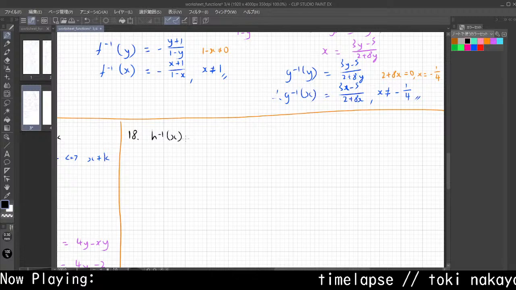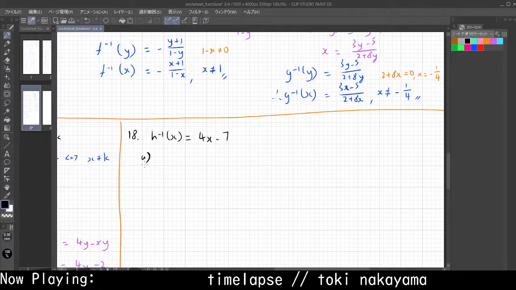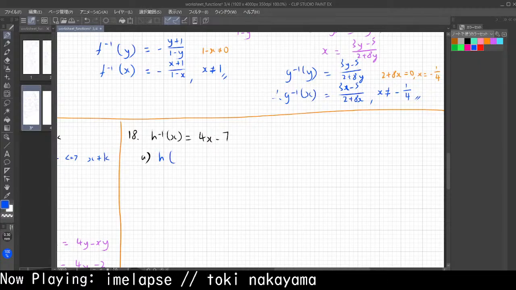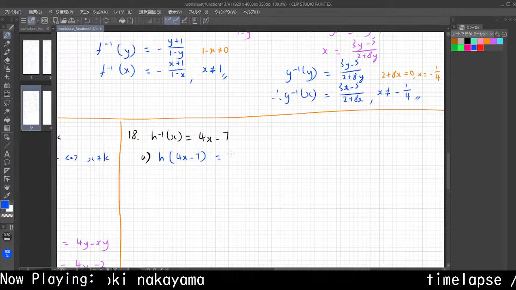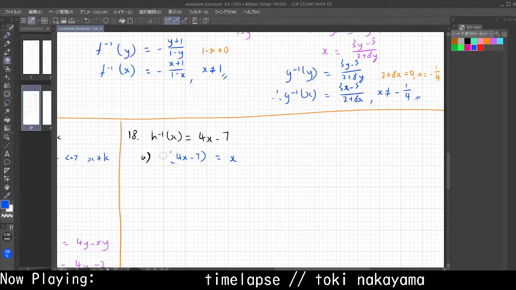Okay, 18. h inverse is given as 4x minus 7. You want to find h(x). Same thing. Switch places. Inverse becomes normal. h(4x minus 7) equals x.